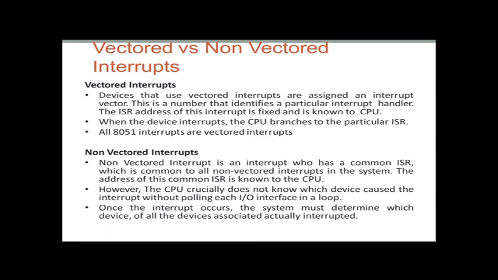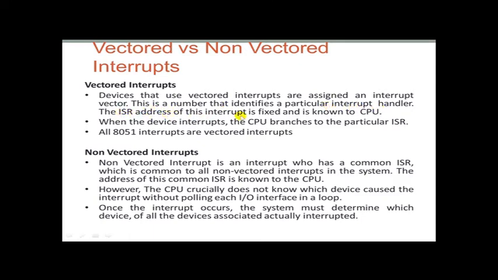Vectored or non-vectored interrupts, these are the two types of interrupts. Here let us discuss vectored interrupts. The devices that use vectored interrupts are assigned an interrupt vector. This is a number that identifies a particular interrupt handler, that is, the interrupt service routine.